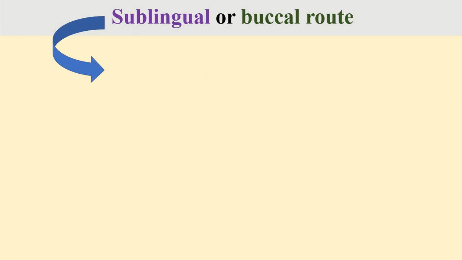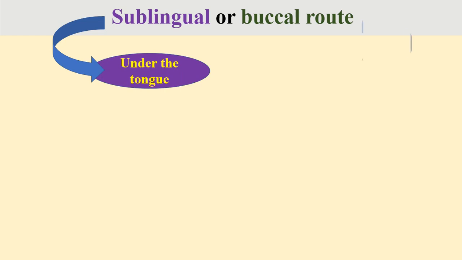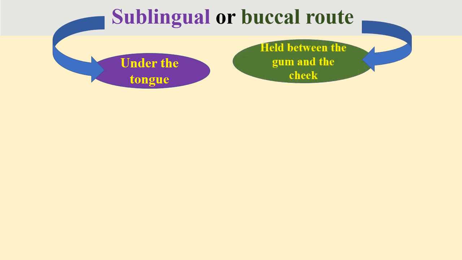Now, the sublingual or buccal route. This is a drug given under the tongue, and the buccal route means the drug is put or held between the gum and the cheek. This is usually used for heart disease.